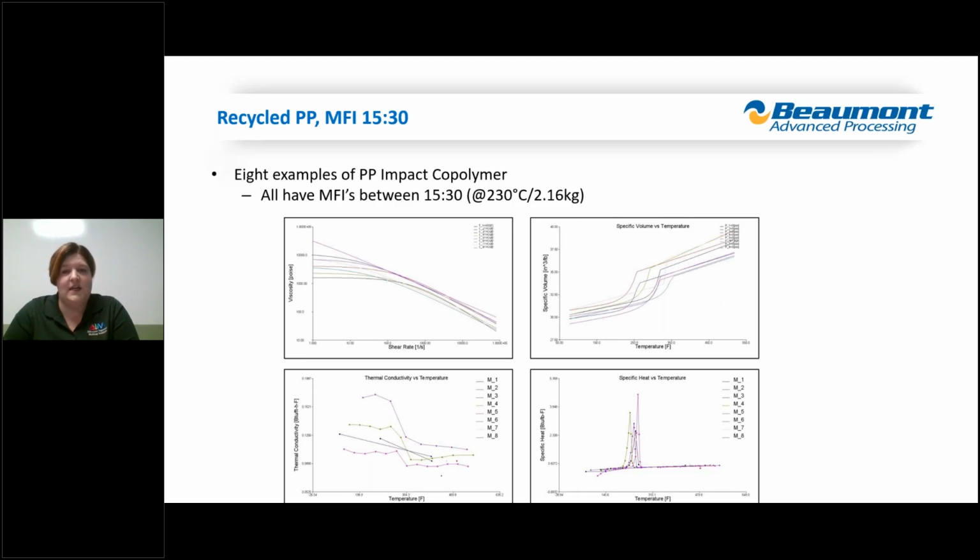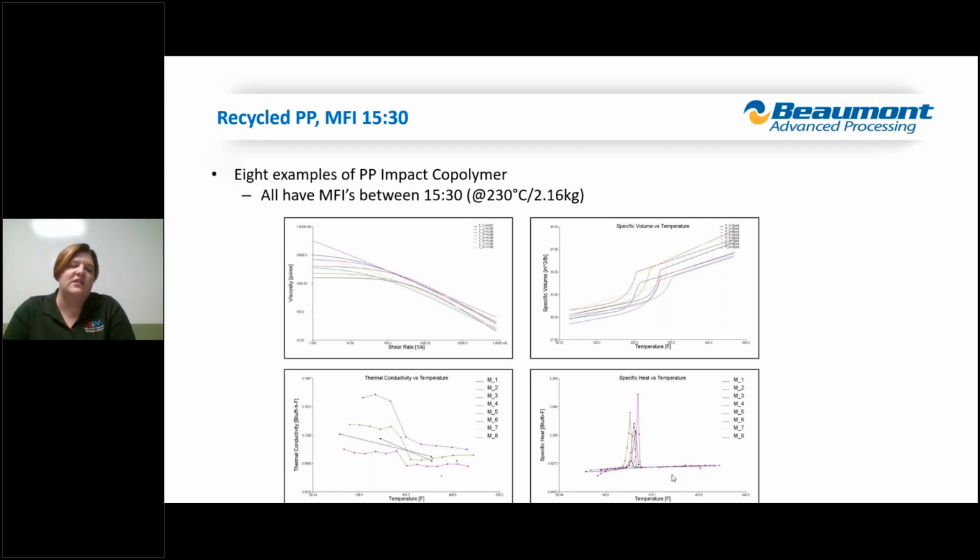We're looking at some of that same data that Jake had provided before, but on these 8 materials. So you're seeing viscosity curves, PVT curves, and then that thermal data. On that thermal data, real quick, what I'd like to show is how Moldflow gets the transition temperature: it is the intersection between these 2 curves. And if you see where all these peaks are, you're getting different intersections.